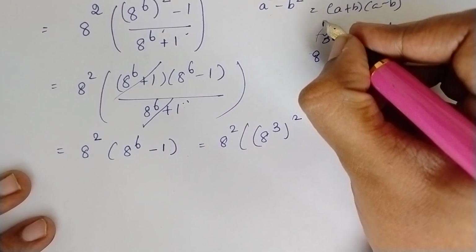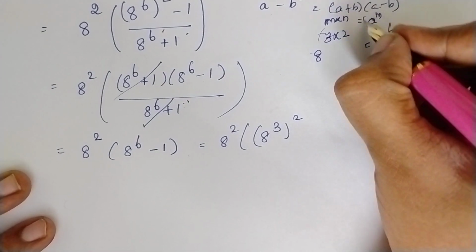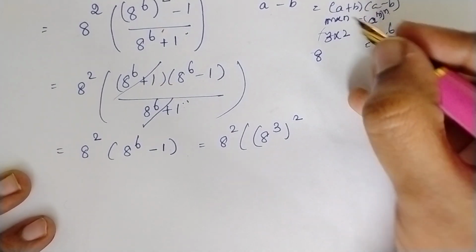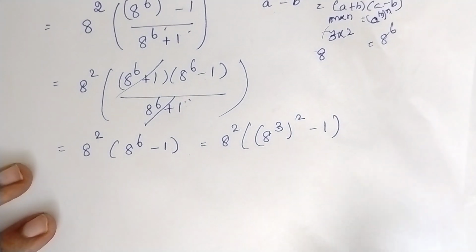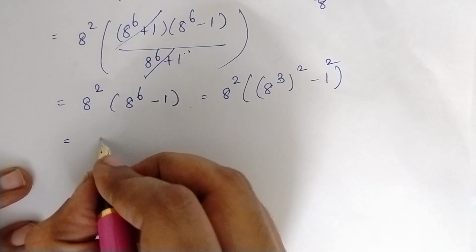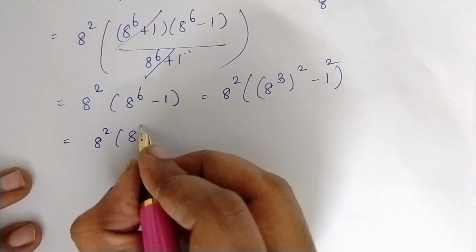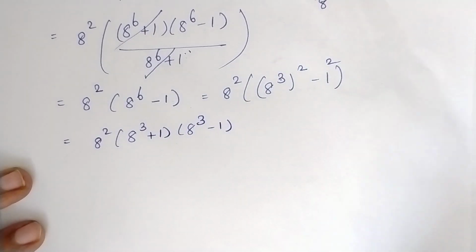This is in the form of m into n, so this can also be written as a power m the whole power n. So it becomes (8 cube) square minus 1. Okay, so this is in the form of a square minus b square. Then again it will be a cube plus 1 and a cube minus 1 based on the formula.